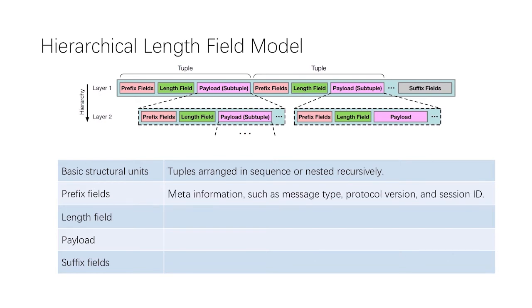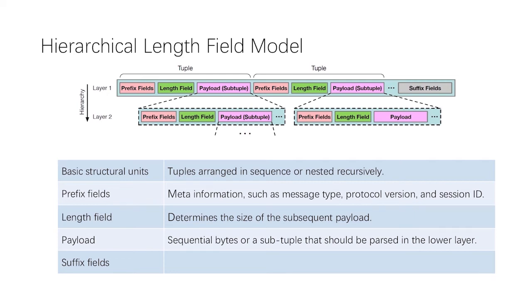The prefix fields typically provide meta-information of a message, such as message type, protocol version, and session ID. The value of the length field determines the size of the subsequent payload. The contents of the payload could be sequential bytes, or a subtuple that should be passed to the lower layer.